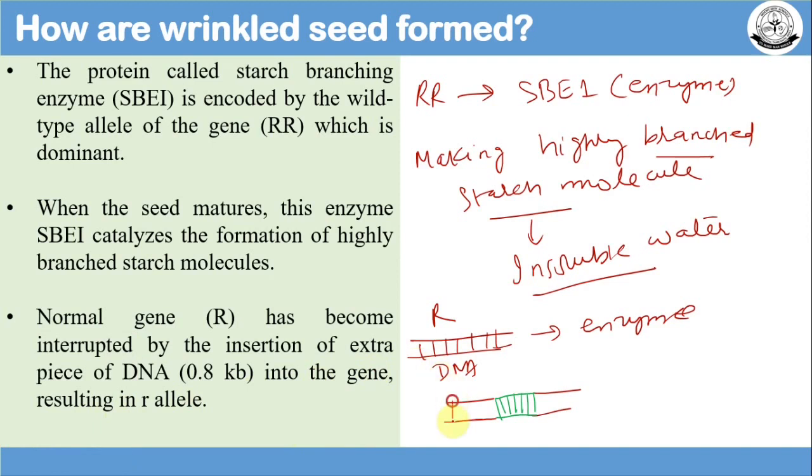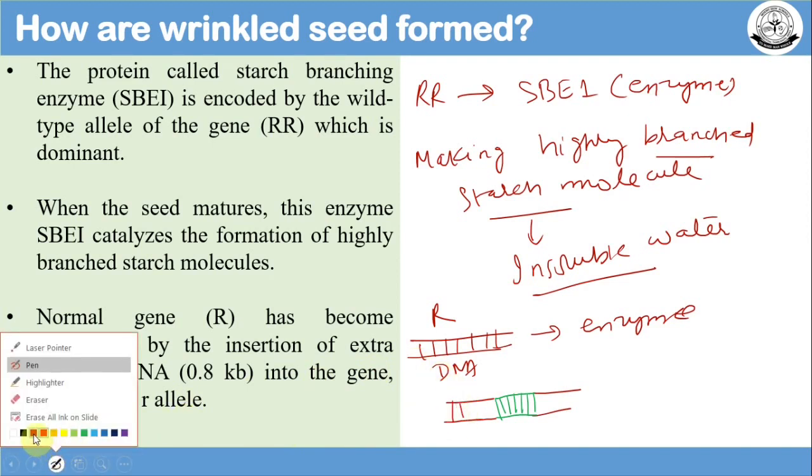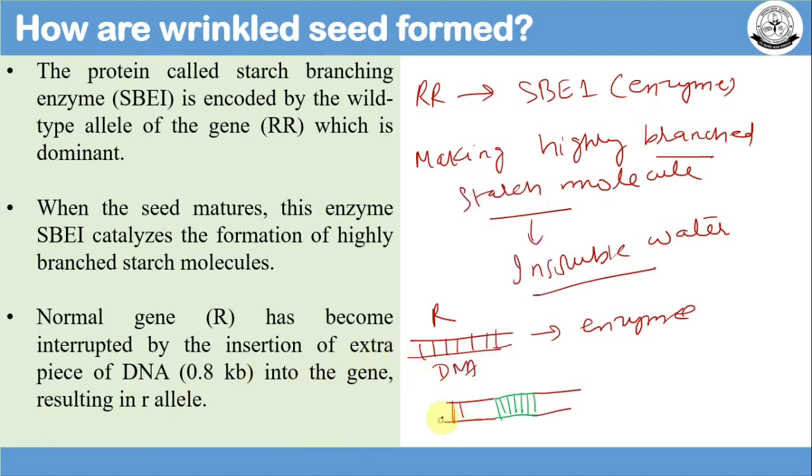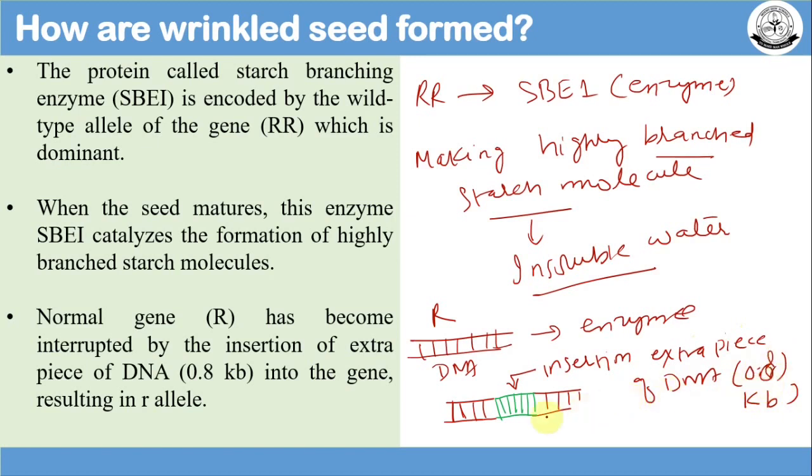Another DNA gets inserted. So when it is inserted, there is no more functional R gene, because there is an insertion of an extra piece of DNA which is 0.8 kilobase, kb for kilobase. Right? Because of this, in that particular DNA the enzyme SBE1 cannot be made.